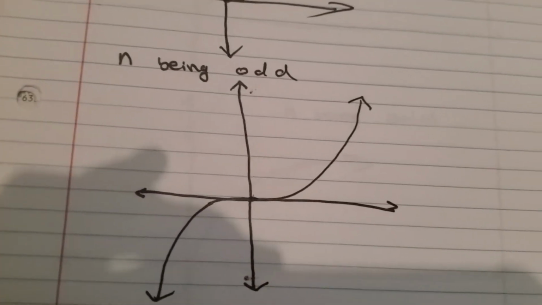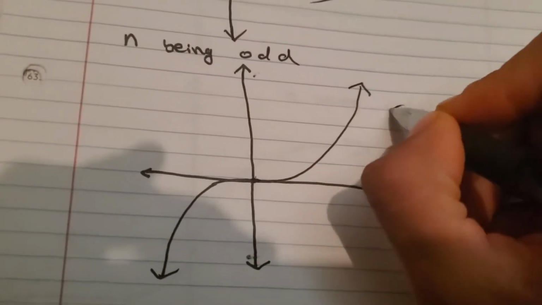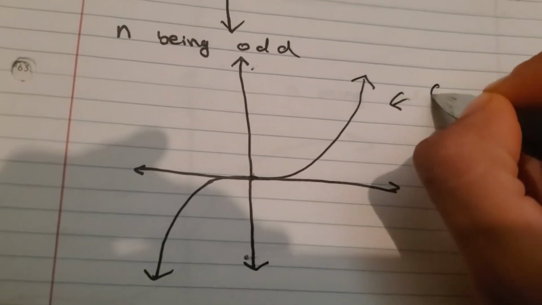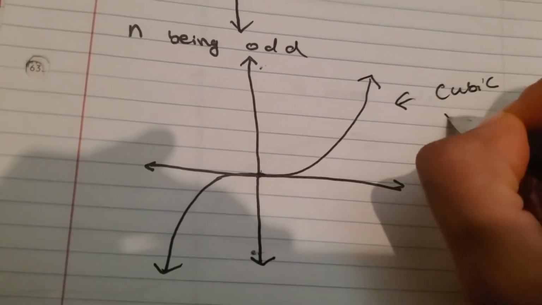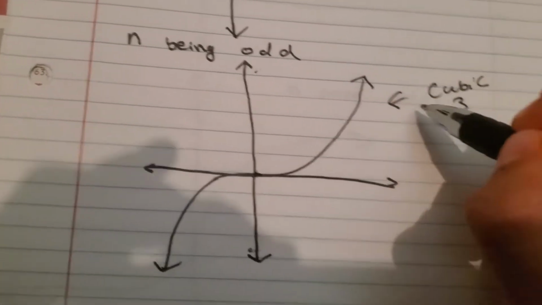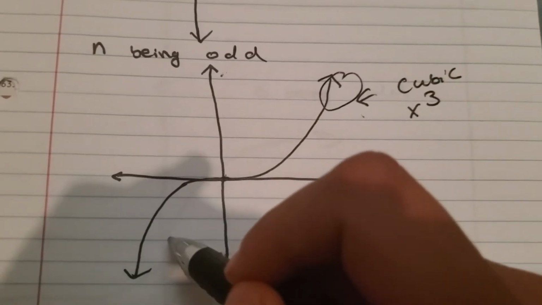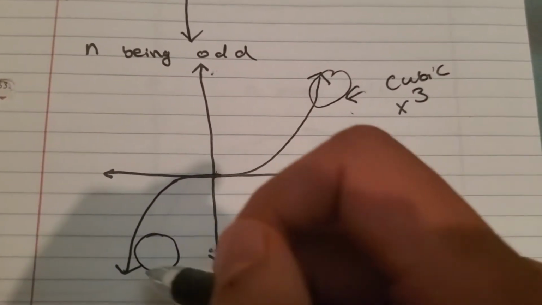Then there's another case for power functions, n being odd. This is what we call a cubic. The most basic form is a cubic, and it has one tail up. It's this and this, and it's right there.